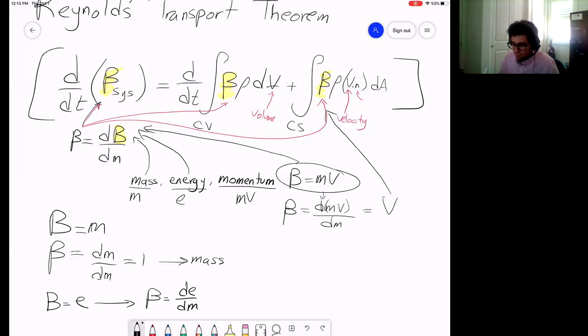So what do we plug in for beta in this case? We just plug in e. So this is energy, and this is momentum. We said for momentum you plug in v, which is the velocity. Momentum, plug in v, velocity. And that's it.